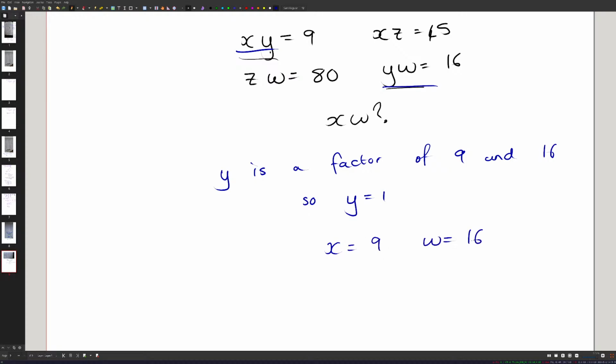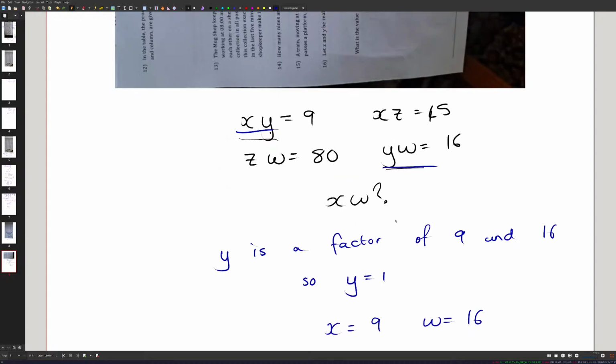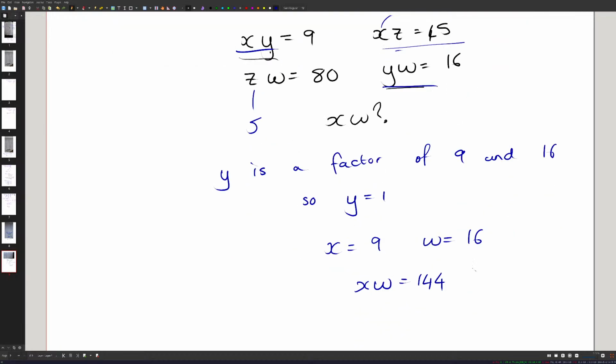And so I can multiply those, and xw is then 144. I mean, this does actually work. If you take w is 16 and z is 5, that checks out with x is 9 and z is 5, gives us the 45 that you expect. y times w is then 16, that's how we got the value for w in the first place.